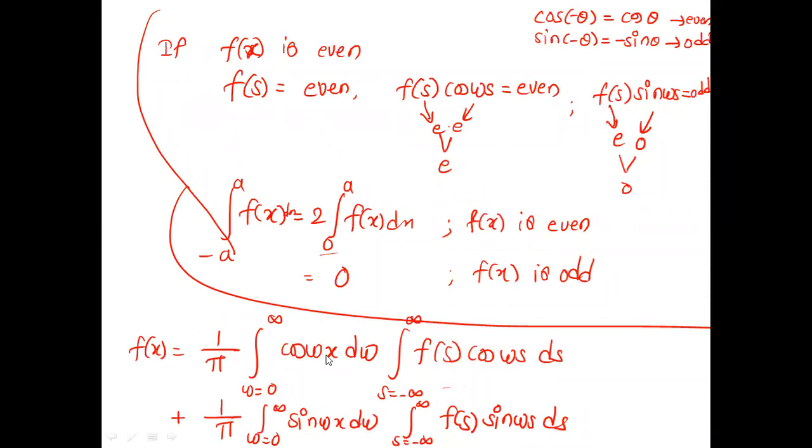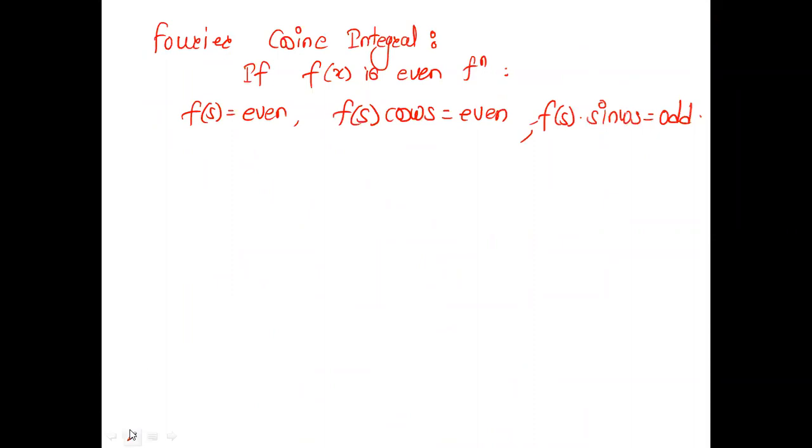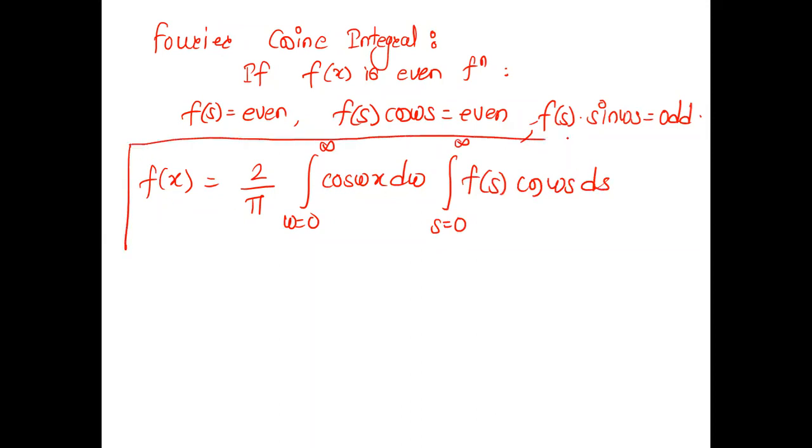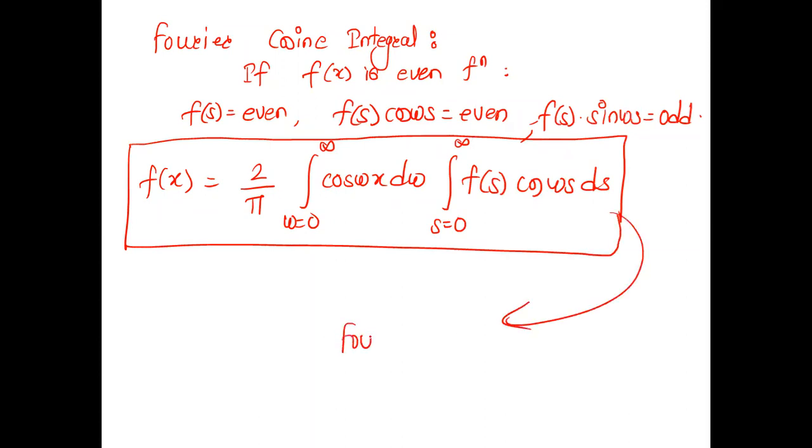This is even, so it is 2 times 0 to infinity. So I'm writing 0 to infinity, and I'm writing 2 times here. So your formula becomes 2 by pi integration omega from 0 to infinity cos omega x d omega, and this integration also becomes 2 times 0 to infinity, f of s into cos omega s ds. And this is what we call the Fourier cosine integral, and we get this whenever your function is even.